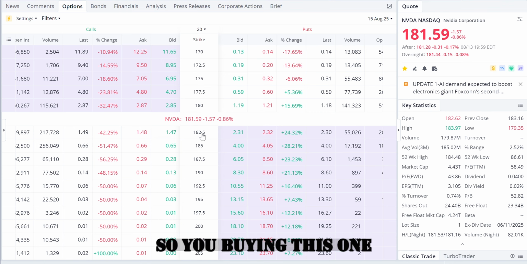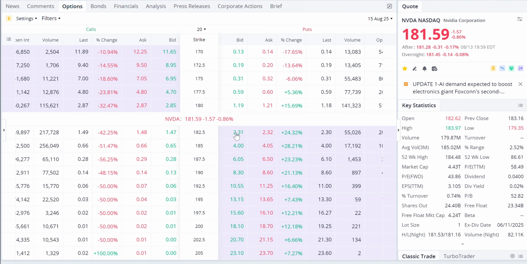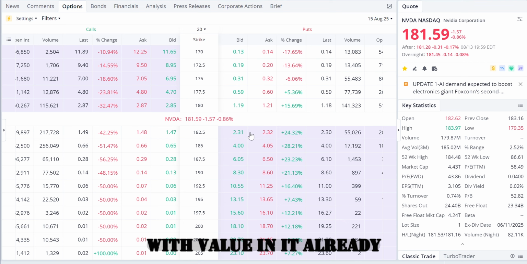So you're buying this 182.50 contract saying NVIDIA is going to continue to go down, but I want to buy it at this 182 at the higher price with value in it already, because I think it may come up a little bit before it goes back down.